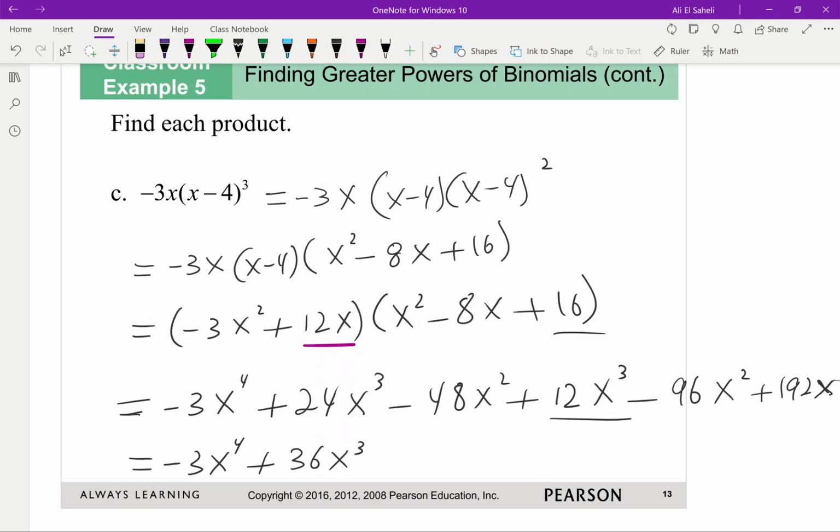For the square, we have minus 48 minus 96, so that is 48 plus 96, which is 144. Both are negative, so minus 144. For the x, we have only one term, so 192x.